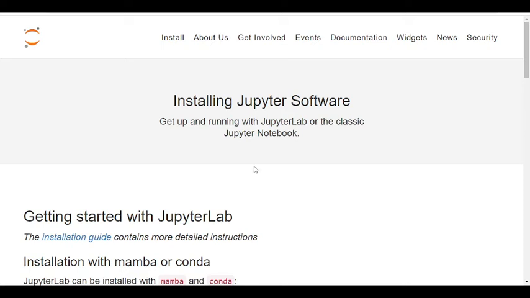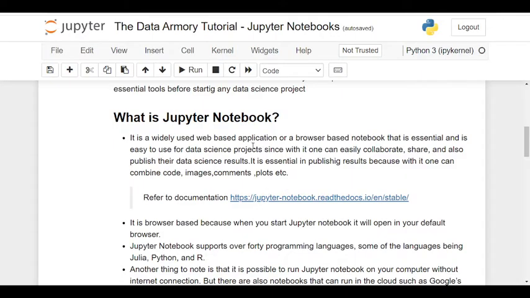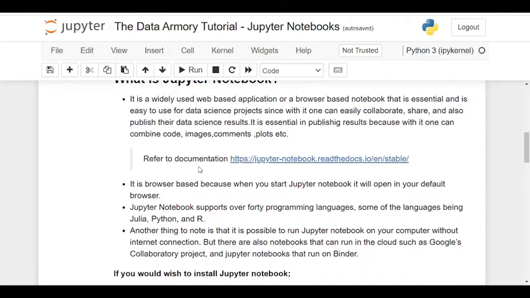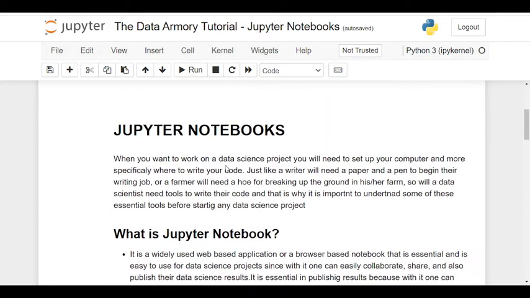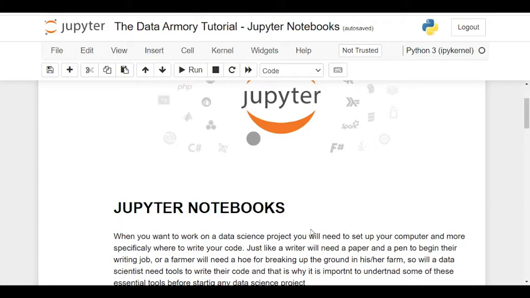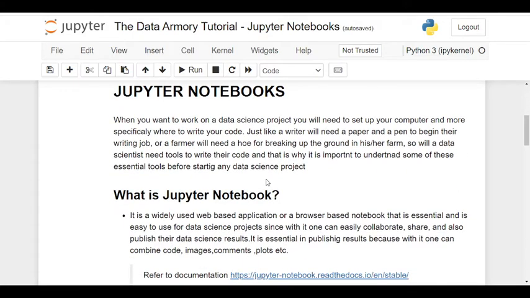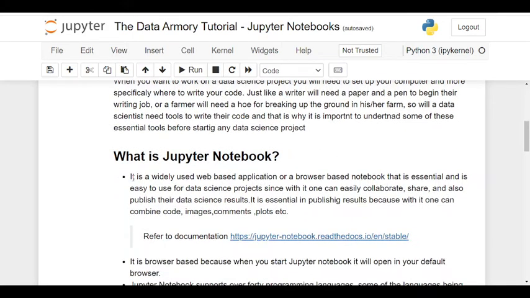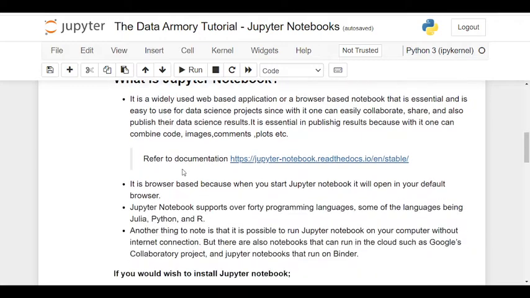It's always essential to go to the official websites of these tools and see what is written there. So coming back to our notebook, definitely what we are using here is also a Jupyter Notebook, whereby you see this markdown. This is a Jupyter Notebook, and it's what we are talking about. So you can refer to the documentation to get more information about Jupyter Notebooks.